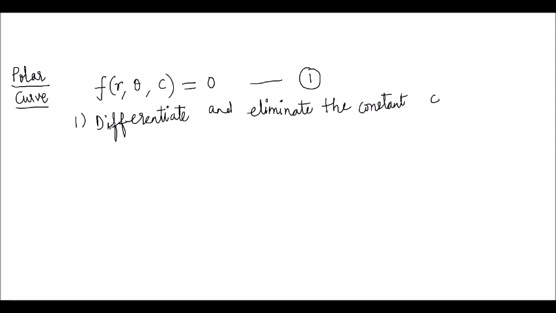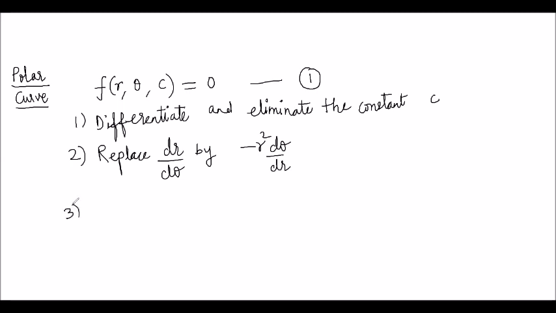After doing this, we will get a differential equation. In that differential equation, replace dr by d theta by minus r square d theta by dr. On doing this, we will get a new differential equation, and that differential equation corresponds to the orthogonal trajectory.